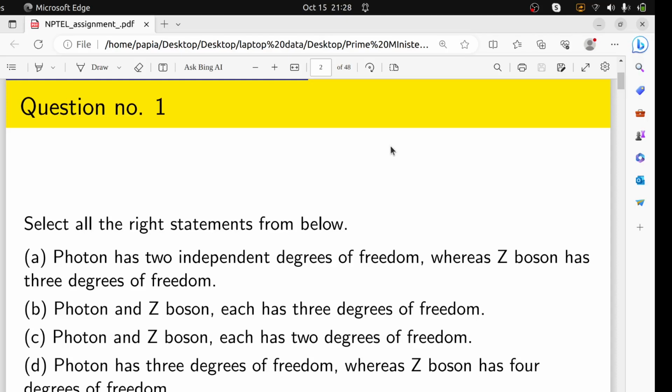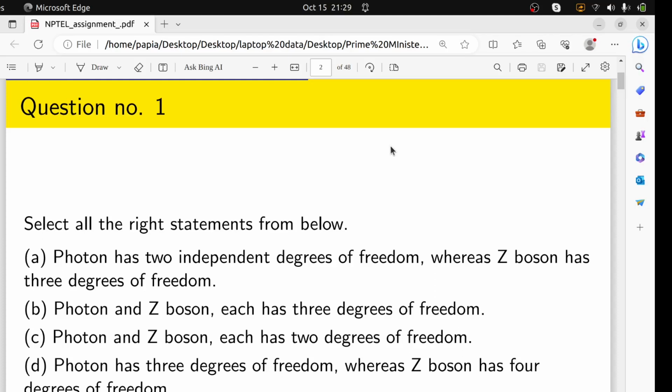Photon has 2 independent degrees of freedom, whereas Z boson has 3 degrees of freedom. Photon and Z boson each has 3 degrees of freedom. Photon and Z boson each has 2 degrees of freedom. Photon has 3 degrees of freedom, whereas Z boson has 4 degrees of freedom. So here we can see that among these 4 options, each and every option is connected with the others.